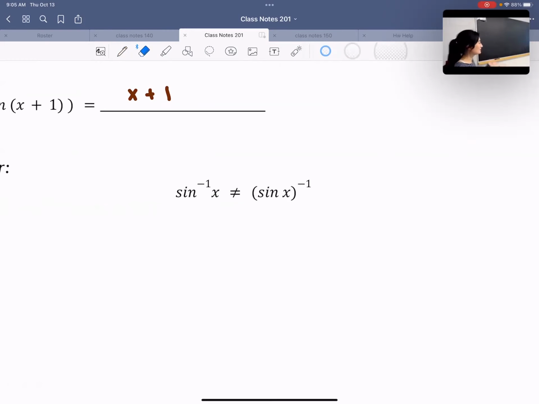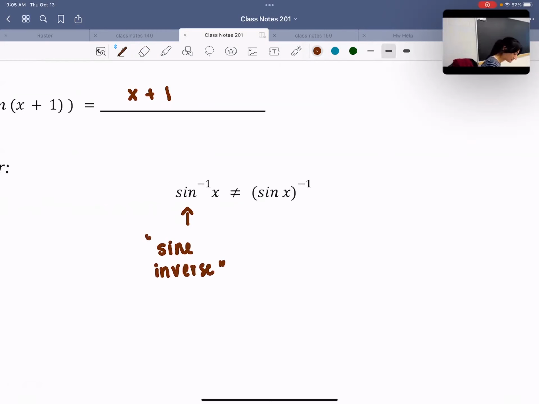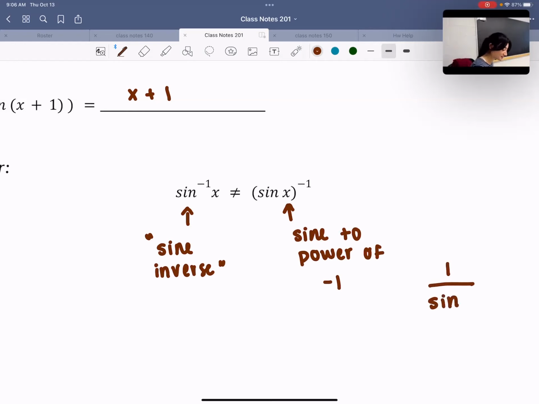This does not mean I'm taking sine to the power of -1. The inverse notation doesn't mean to the power of. On the left, it means sine inverse. On the right, this is sine to the power of -1, which is literally 1 over sine x.